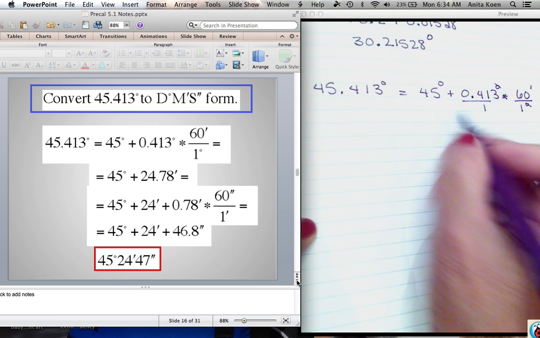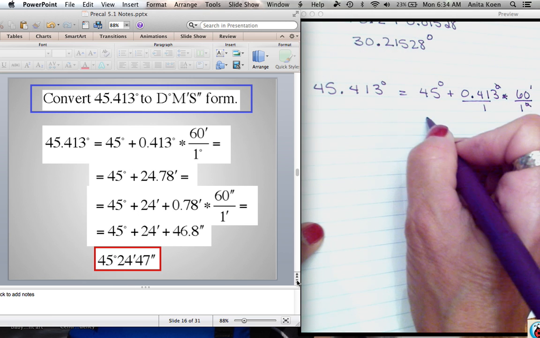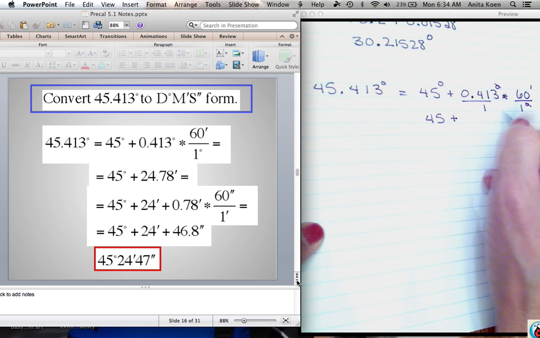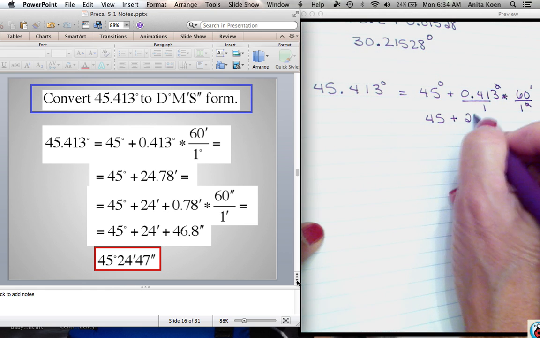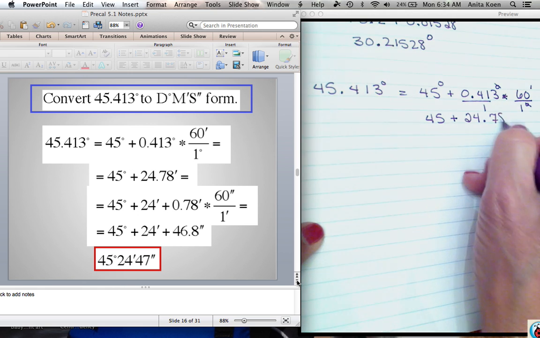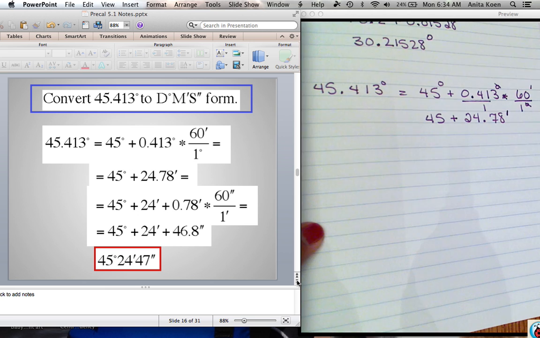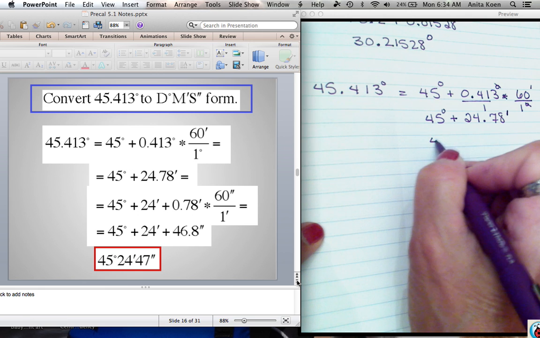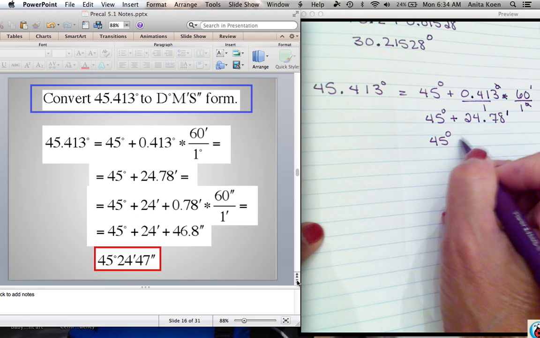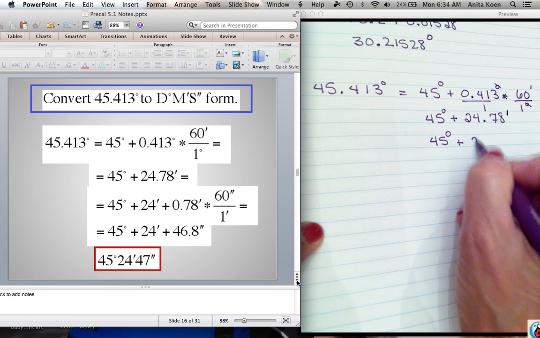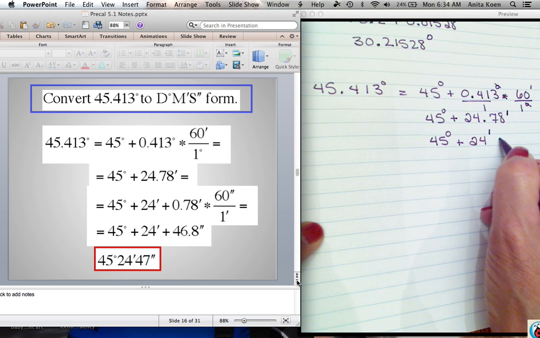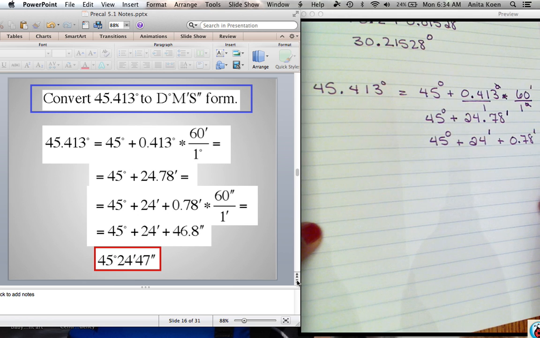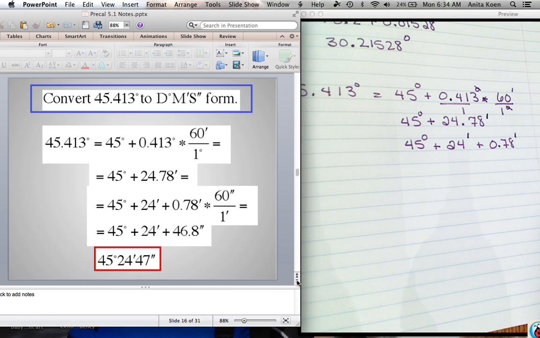And when I do that with my calculator, I'm going to get 45 plus 0.413 times 60 is 24.78, and now I've changed that to minutes. So now I have, whoops, I left off my degree sign. Now I have 45 degrees plus 24 minutes plus 0.78 minutes, and I want to change these minutes to seconds.